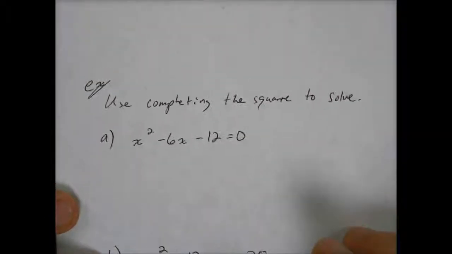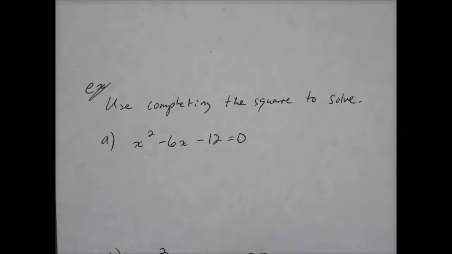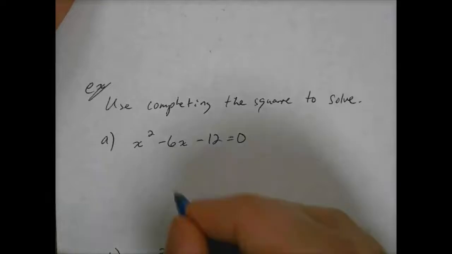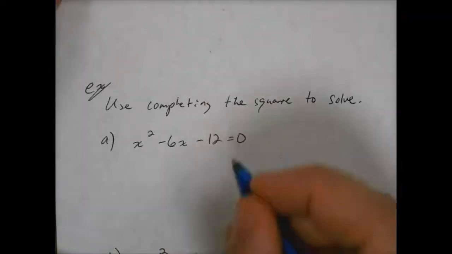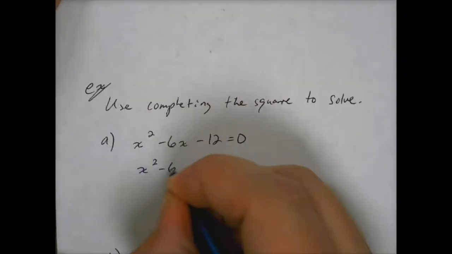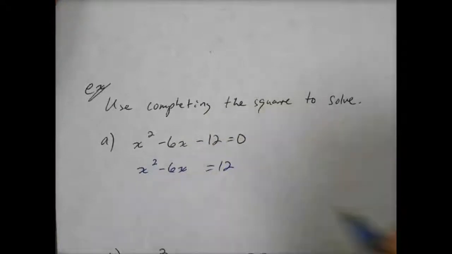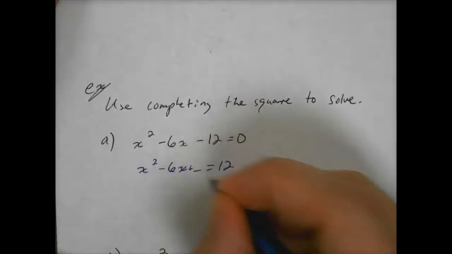So now, using completing the square to solve. You could factor this if they factored. This one, I don't think it does. No, it doesn't look like it does. But what we can do is move this 12 to the other side, and complete the square.